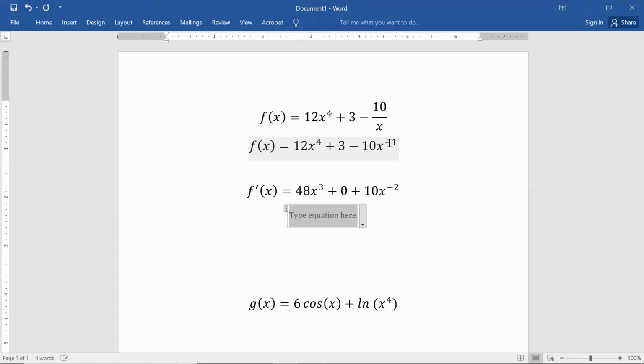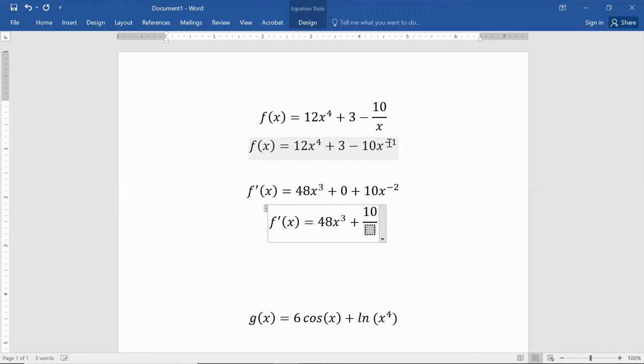And so once again, if I want to clean this up, my derivative is equal to 48x to the third plus 10 over x squared, or if you'd rather use negative exponents, you can say plus 10 times x to the -2. So either way, you write that derivative. I tend to leave out the 0, but you can write the derivative either this way or this way.